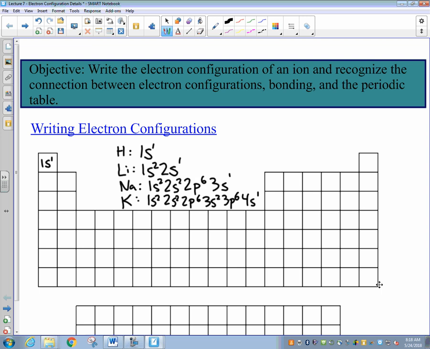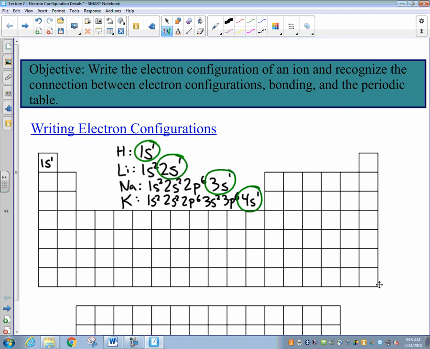And something you might notice in common among all of these electron configurations for these group 1 elements is that all of them end with an electron configuration of s1. Hydrogen ends in 1s1, lithium in 2s1, sodium in 3s1, and potassium in 4s1. Which means we've developed a bit of a pattern.